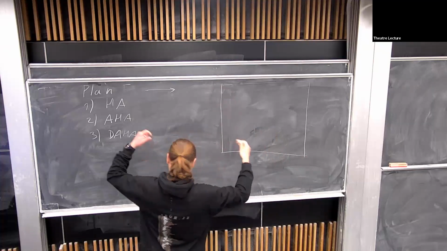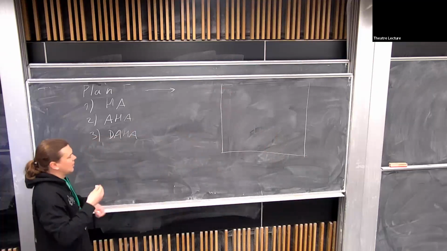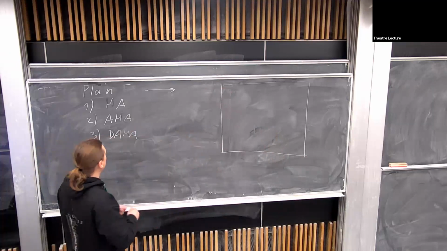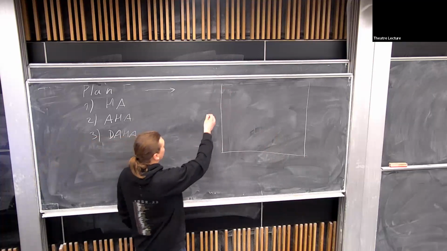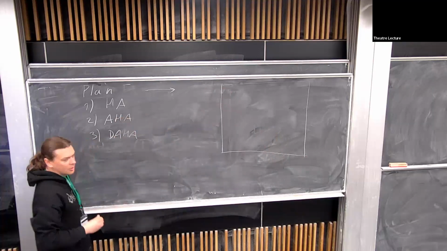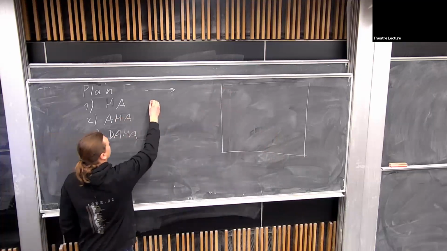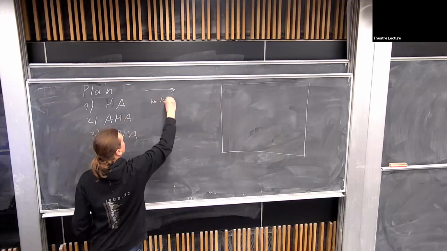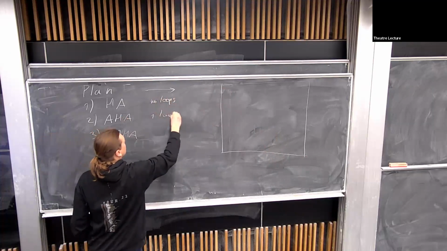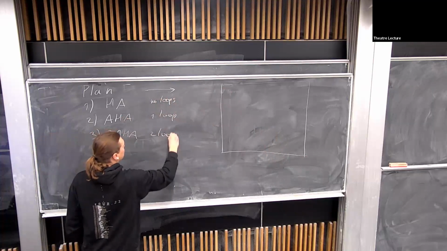There are many different algebras. And to systematize them, we should probably divide them by the number of loops. So no loops, 1 loop, and 2 loops.